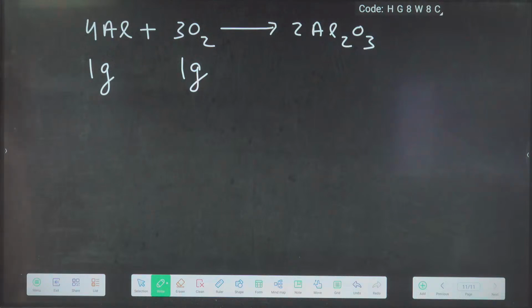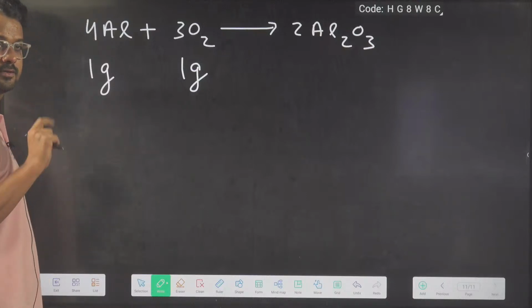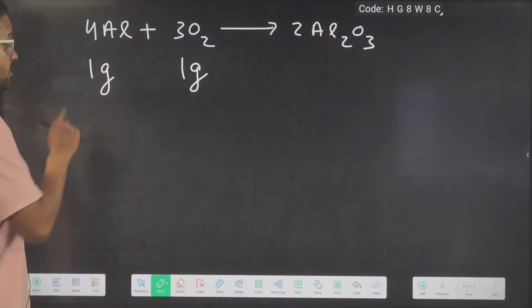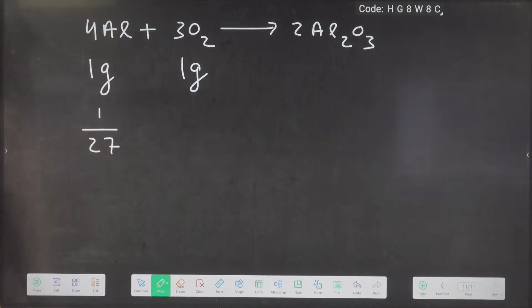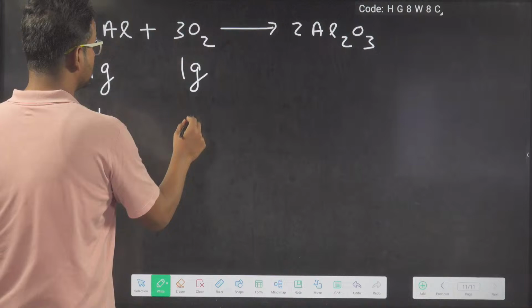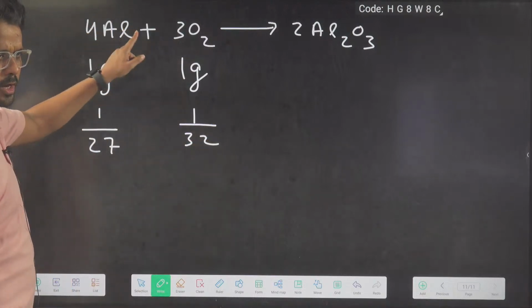Now the step will be to calculate moles. Aluminium molar mass is 27, so 1 upon 27. O2 molar mass is 32, so 1 upon 32. Given mass by molar mass.